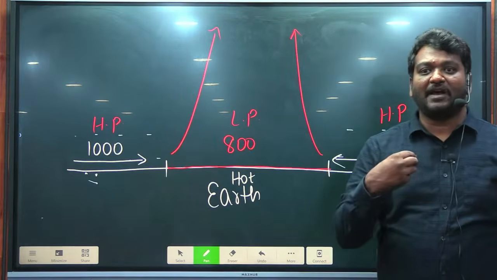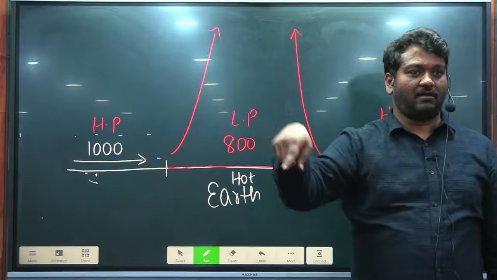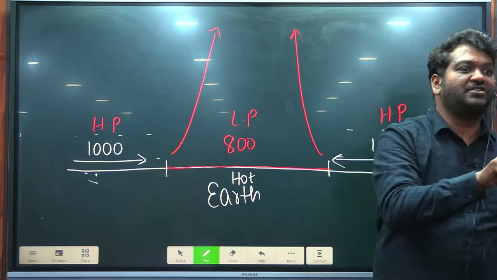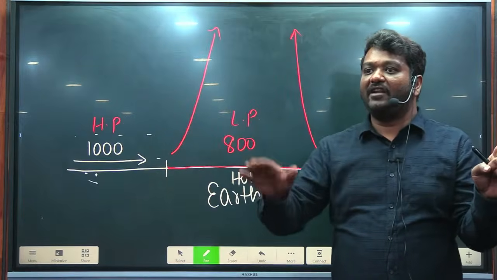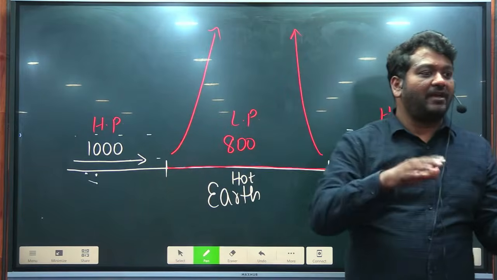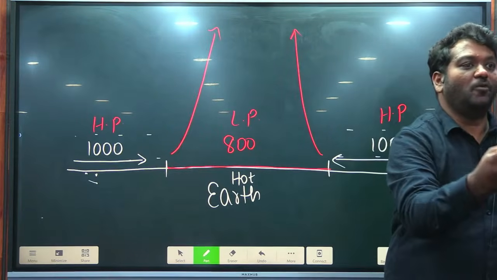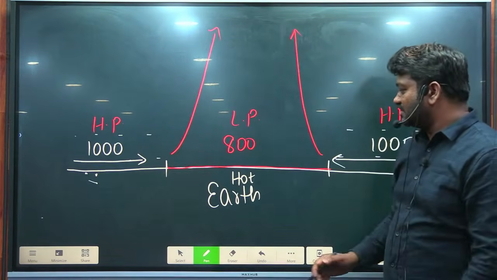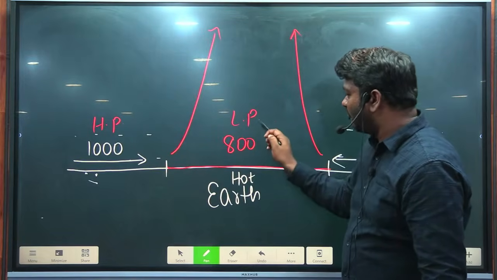So, remember guys, I am not talking about pressure and temperature of air. I am talking about pressure and temperature of air and land. Wherever land is hot, air will rise. Rising air means it will be low pressure. So this is the reason we say air rises and low pressure will be formed.